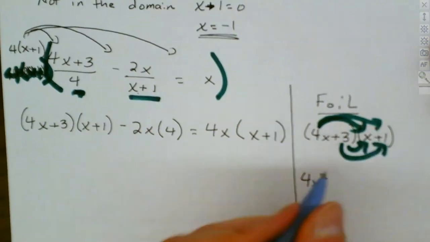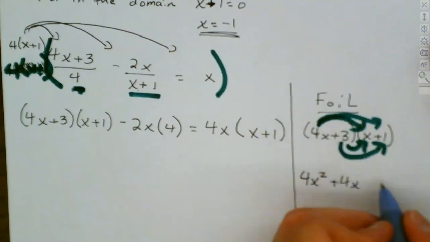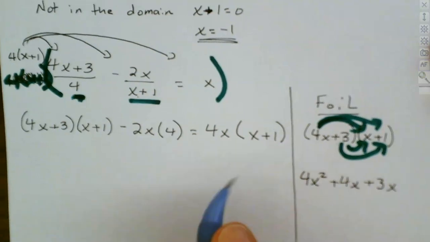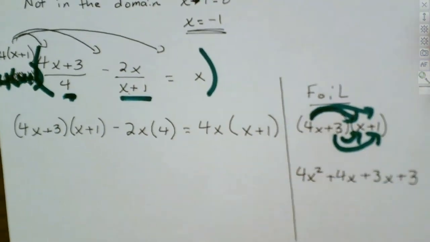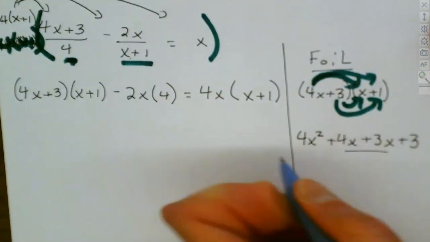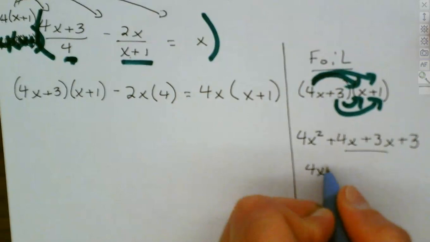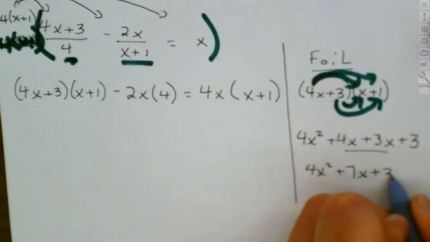We've got a 4x times 1. That makes it a 4x. And we've got a 3x here in the middle. And 3 times 1, well, that is a 3. Combine like terms here. And that is now 4x squared plus 7x plus 3.